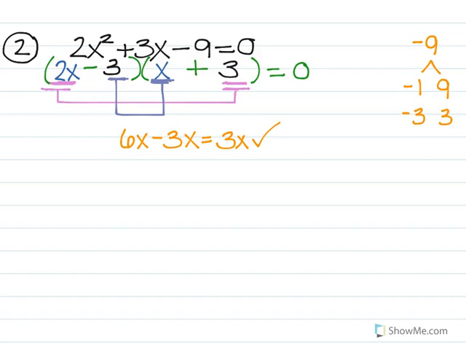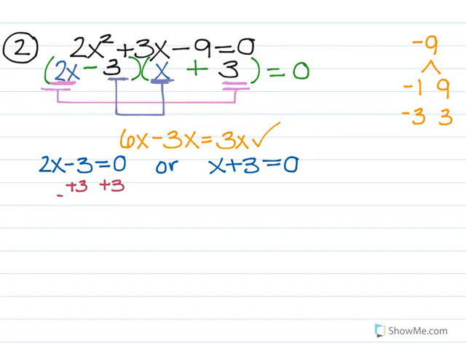So, after we have factored correctly, we are then going to take each of our factors and set them equal to 0, so that we can then turn around and solve each of these equations. So the first equation, 2x minus 3 equals 0, we are going to add 3 to both sides to get that x term alone.